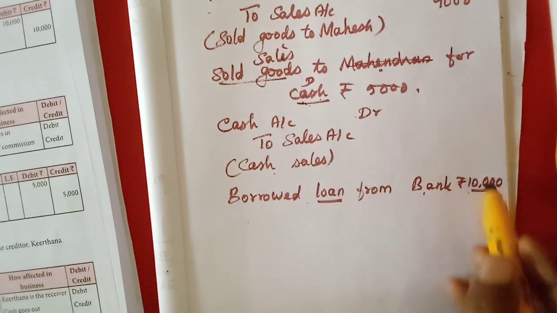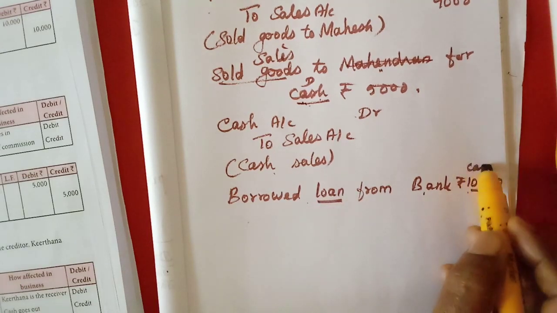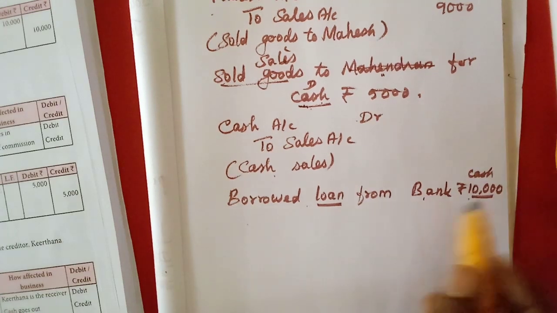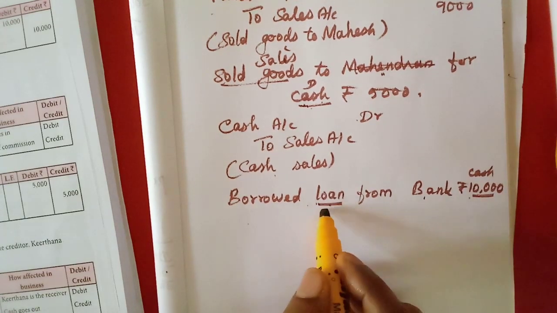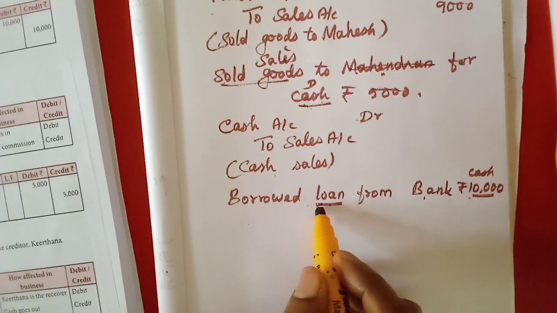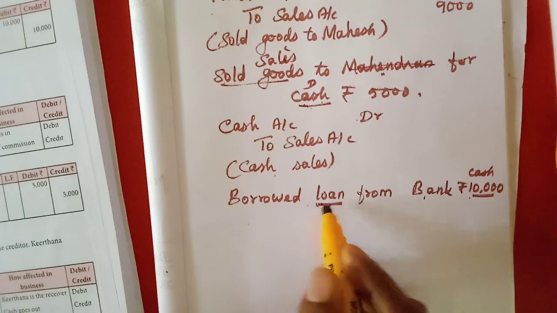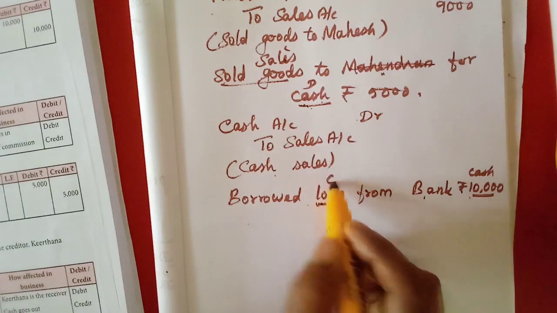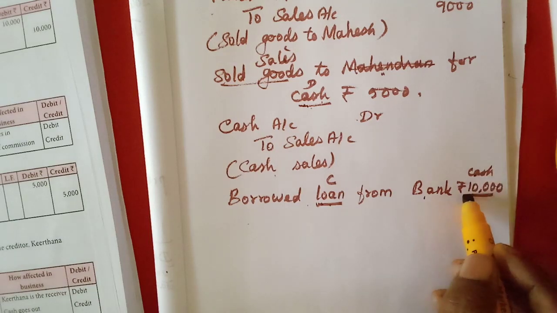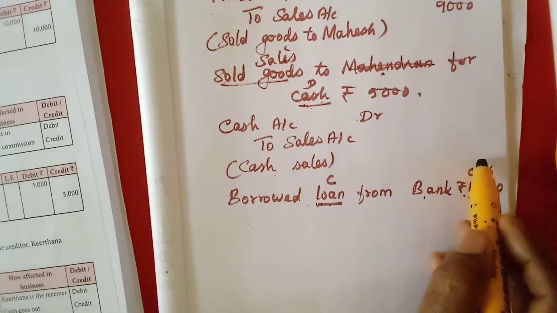The other side, we will receive cash. Here bank loan is a liability. Bank loan is a liability, we need to credit that one. But cash is coming inside, so that should be debit.